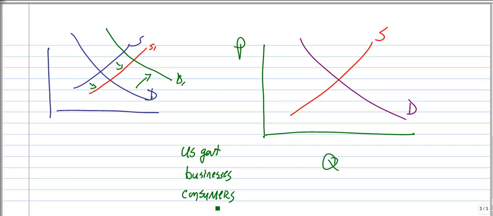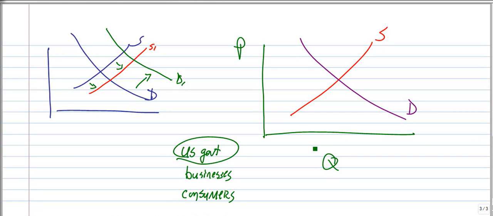We all need to borrow money. And so if the government comes in first, which they do, I don't know why that happens, the government comes in and borrows the lion's share of the money that's available. There's only so much credit. And the more the government borrows, the less that's available for businesses, right?